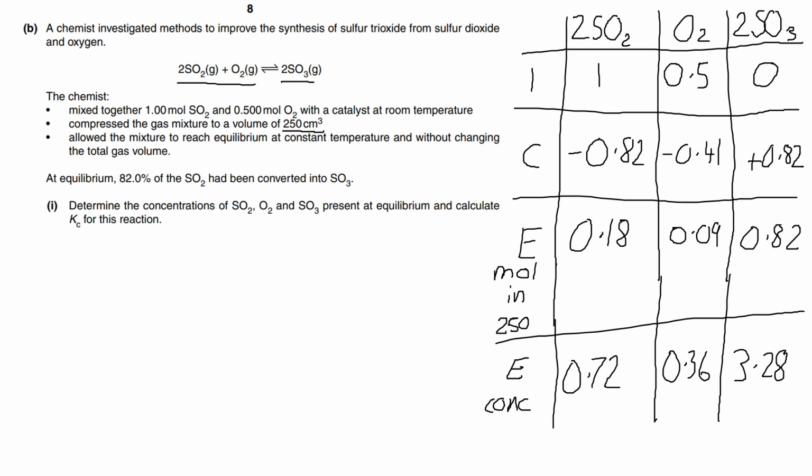And now we're in a position where we can write out our Kc expression. Kc is equal to the concentration of the SO3 squared divided by the concentration of the SO2 squared times the concentration of the oxygen.